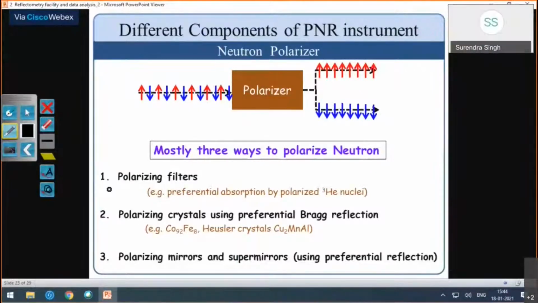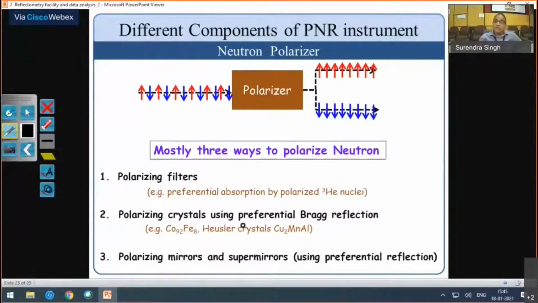One is this: the neutron absorption and scattering depends on the cross sections. So if you polarize the helium, one of the spins gets absorbed, and that principle is used here to get a polarizing filter. If you polarize the helium nuclei, one of the spins is absorbed and only the other spin goes through, so that gives you the polarization.